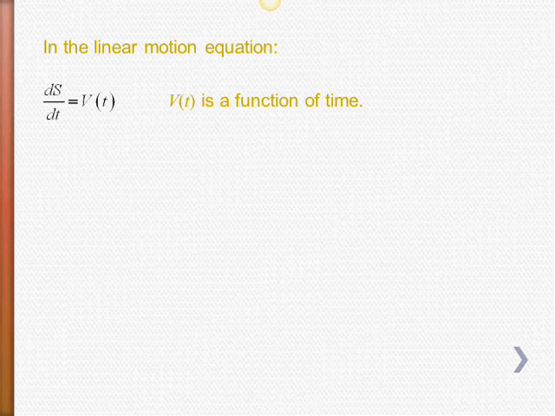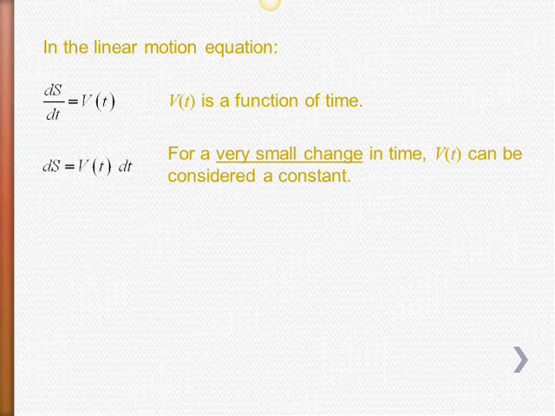But in the linear motion equation, the rate, which is your velocity, we have velocity being a function of time. If I send my dt to the other side, for a very small change in time, v of t can be considered a constant.